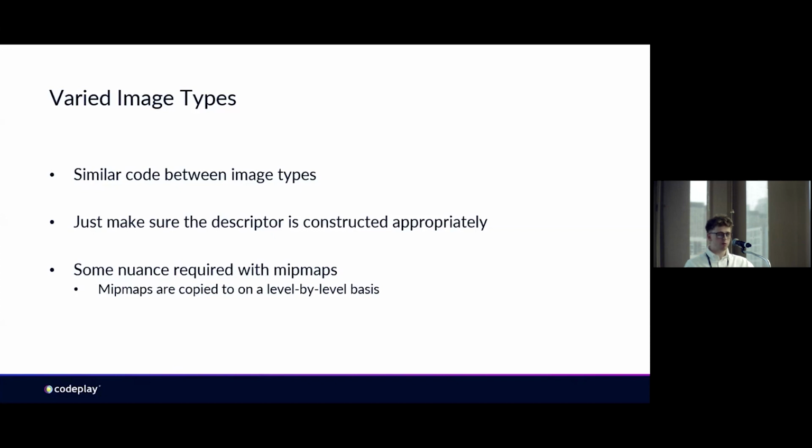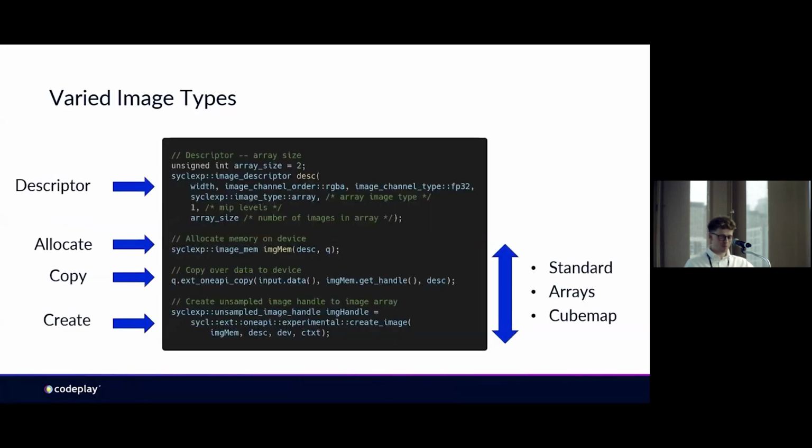You just have to make sure that the descriptor is constructed appropriately, and then it just works. There is some nuance required with MIP maps, however, because you must copy to them on a level by level basis only. So in this example, you can see an image array is being allocated, copied to, and created. And on the right, you see the arrow that points that the same code applies to all the different image types. So both the standard images, arrays, and cube maps.